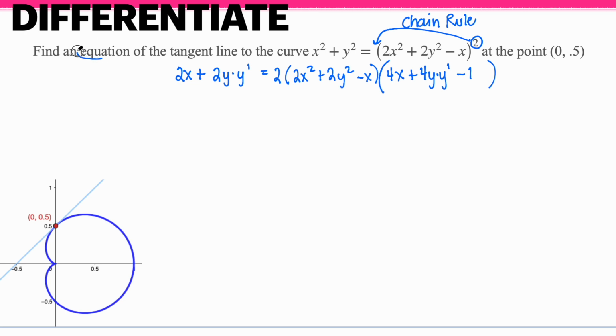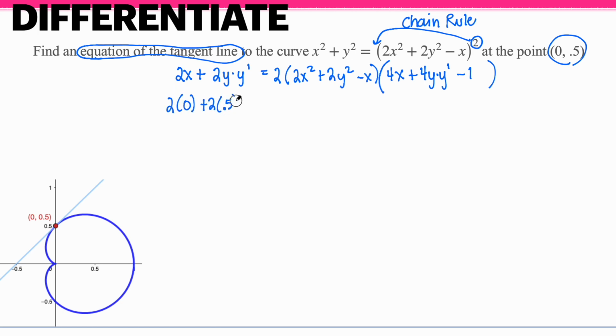Why? Because we only need to find the equation of a tangent line, which means at this point, I actually can go ahead and plug in what I know. So that's actually what I'm going to do. I'm going to go ahead and plug in this point. Then I'm going to solve for y prime to find the slope. So I'm going to plug in 0 for x.